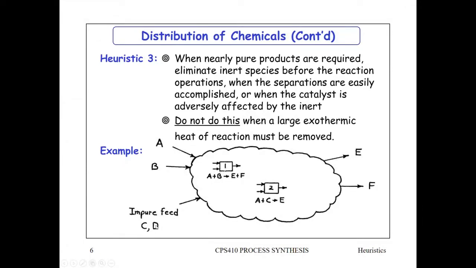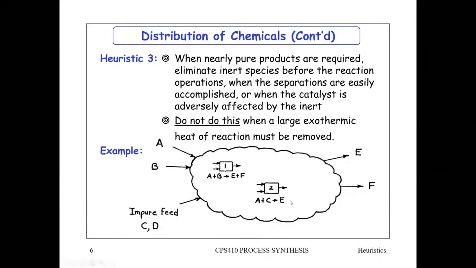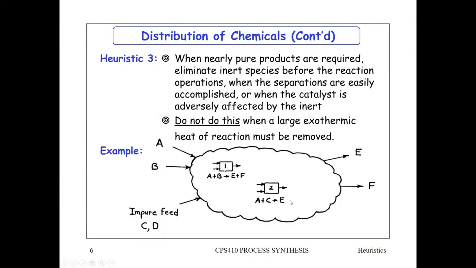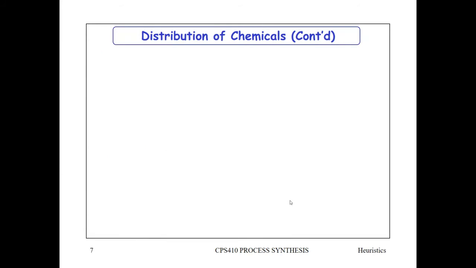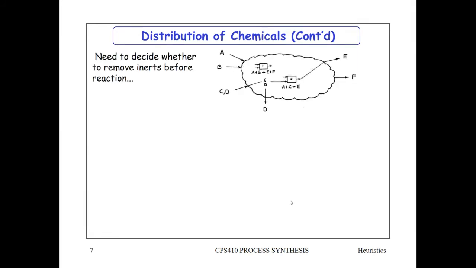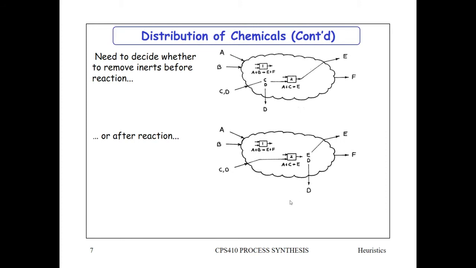And if it's easy enough to remove, then you would remove it. If this reaction is highly exothermic, then you would possibly want to keep D in. You need to decide whether to remove inerts, remove D, or after the reaction.